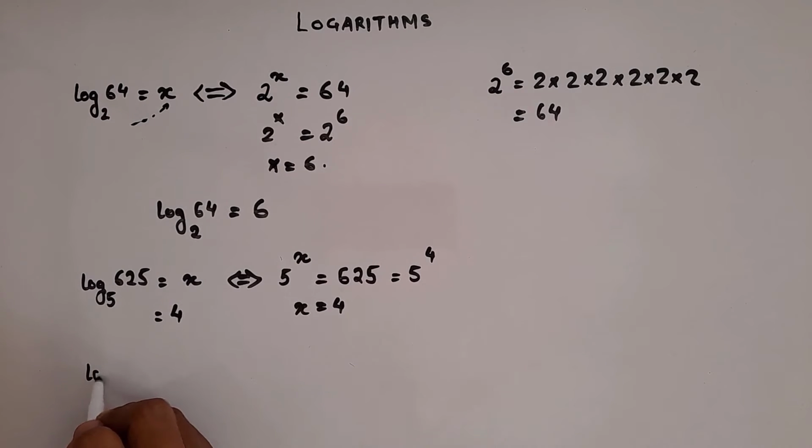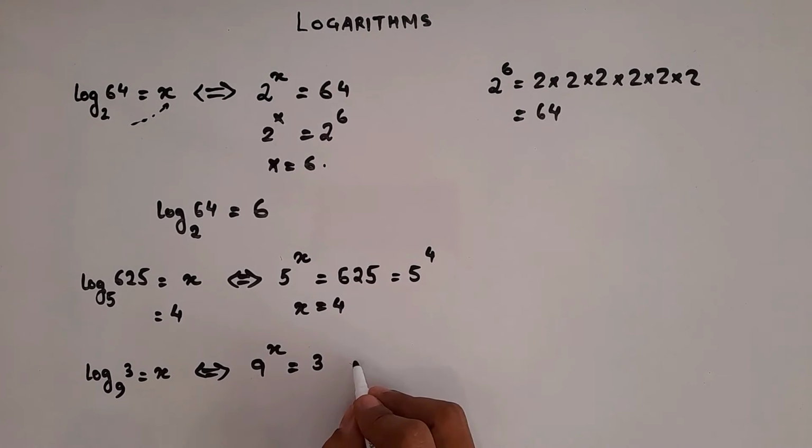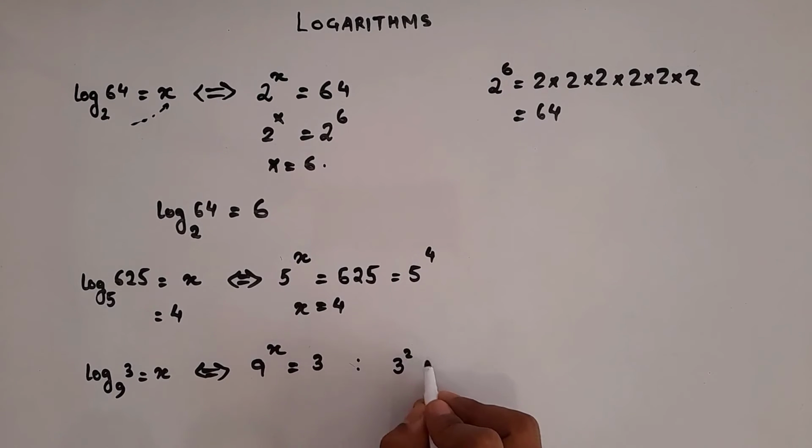So another example will be the logarithm of 3 to the base of 9, which is equal to x. Then we start with the base, so that is going to be 9 raised to the power of x equals 3. Now, how do we determine the value of x? Here we can use a little bit of exponential algebra. 9 can be rewritten as 3 squared, whole raised to the power of x, equals 3.